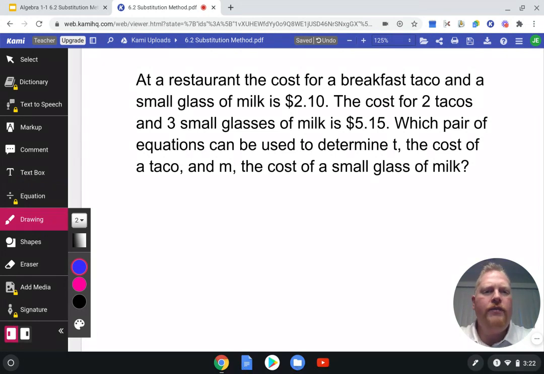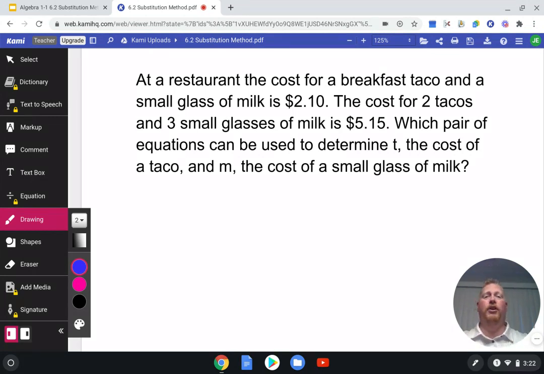At a restaurant, the cost for a breakfast taco and a small glass of milk is $2.10. The cost for 2 tacos and 3 small glasses of milk, they were thirsty, is $5.15. Which pair of equations can be used to determine T, the cost of taco, and M, the cost of a small glass of milk? So here's what I'm going to do.